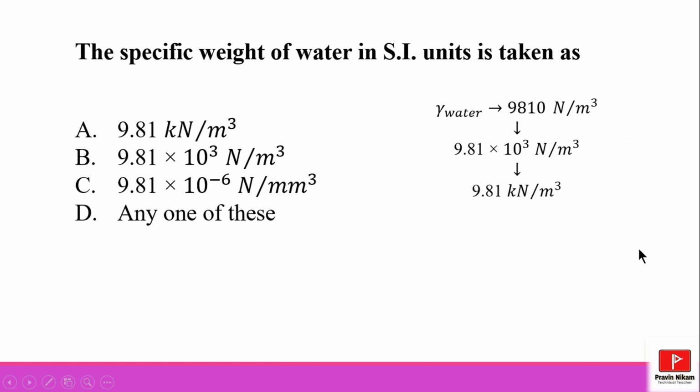Which means 9.81 into 10 raised to 3 divided by 10 raised to 9. So that means 9.81 into 10 raised to minus 6 is the answer. So 9.81 into 10 raised to minus 6 Newton per mm cube. So this option is also correct. That means all three options are correct. So D is any one of these. Okay, so the correct option is D.